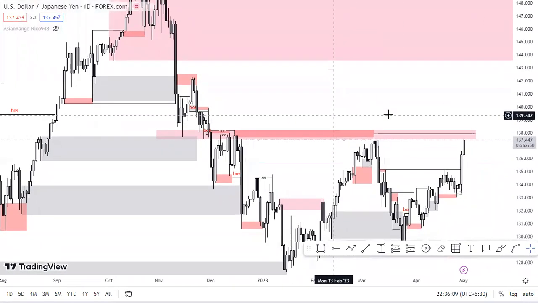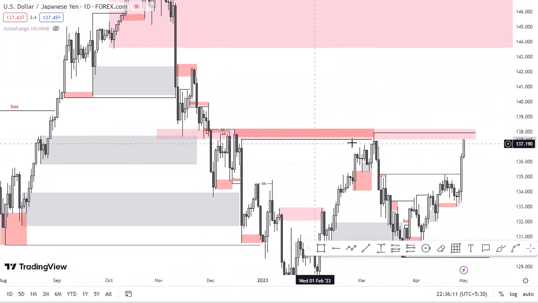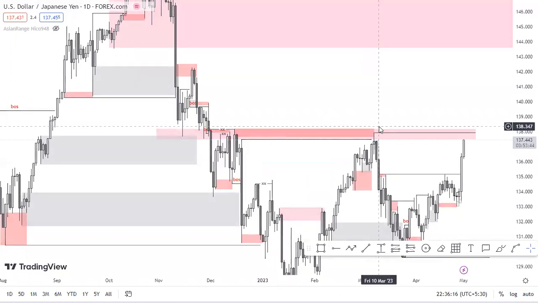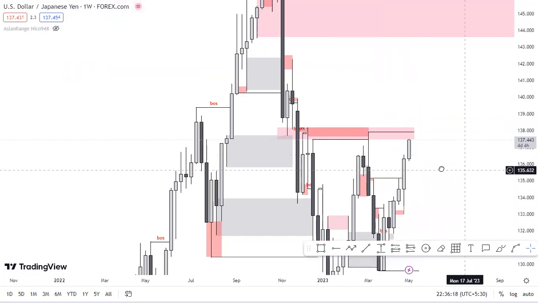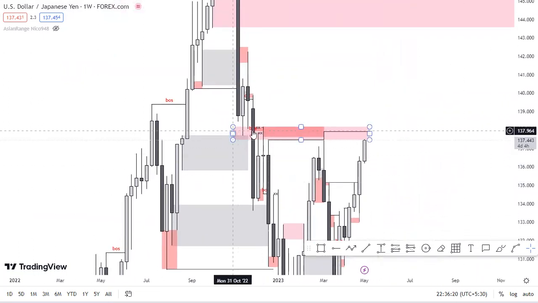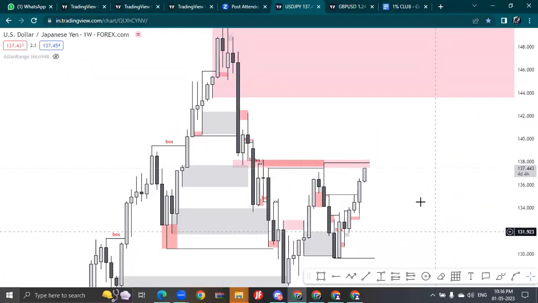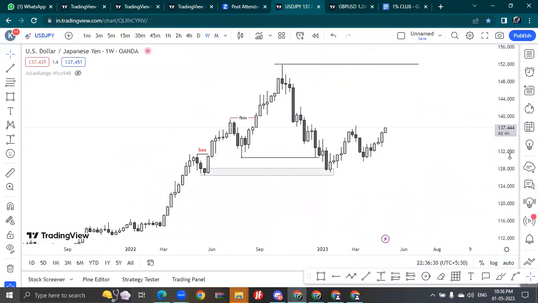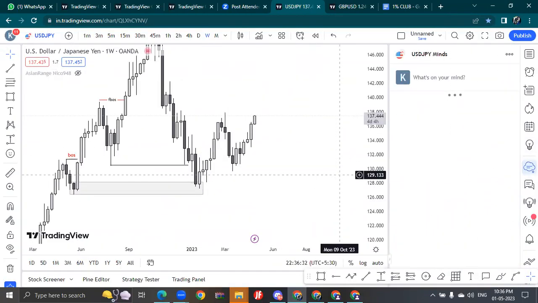Sorry. And look at why this was a target. I think it was very perfect in the weekly time frame. Look here. It was a clear SNR level, which is support and resistance. I'll show you. Look at here.